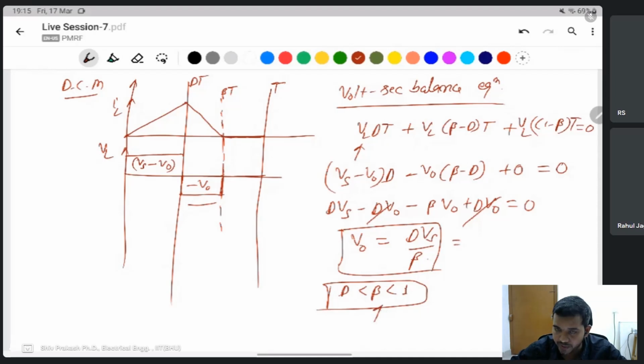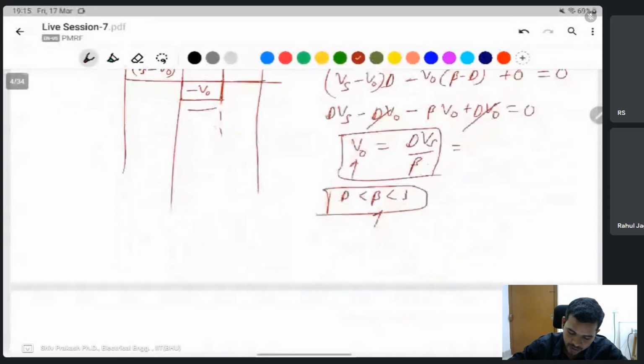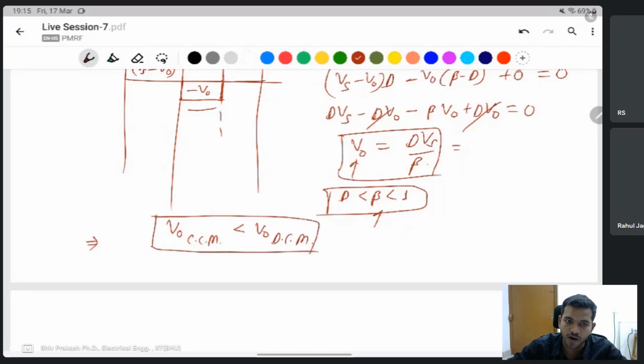If you divide any quantity by something less than 1, the whole quantity becomes greater than the original. So if you take beta as 0.6 or 0.8, the output voltage is greater than D Vs. You can say that the output voltage in continuous conduction mode is less than the output voltage in discontinuous conduction mode.